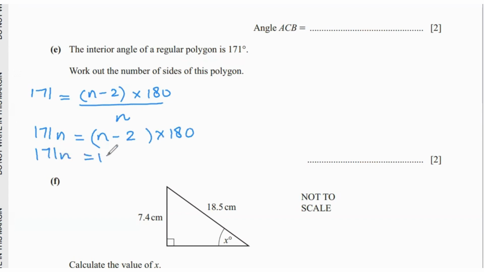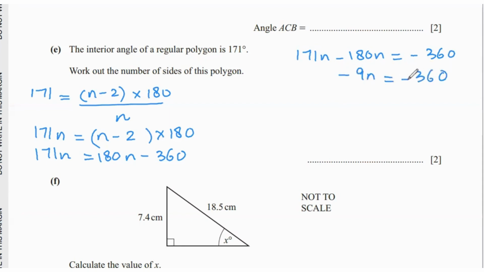So that's 180n minus 360. 171n minus 180n equals negative 360, which is going to give us negative 9n. Cancel out the negative signs. n equals 360 over 9, which is the same as 40. So this regular polygon has 40 sides.